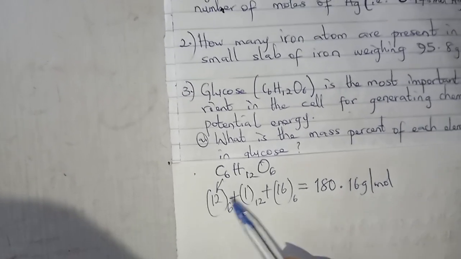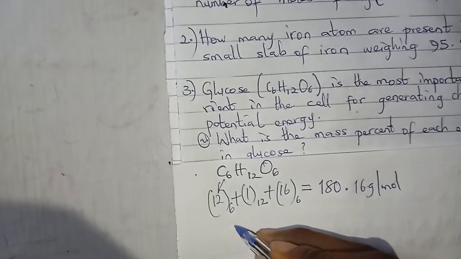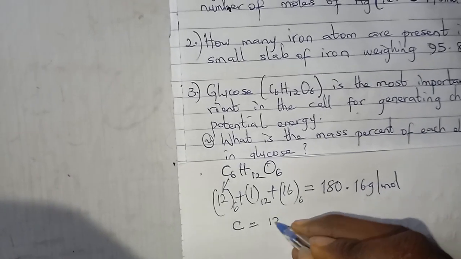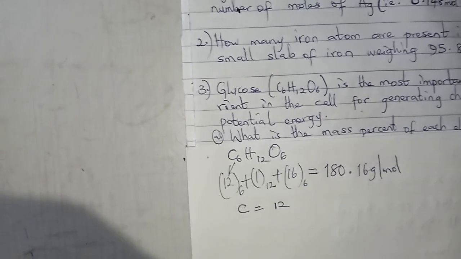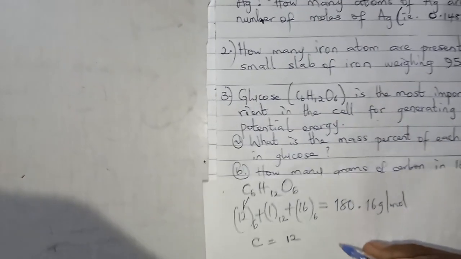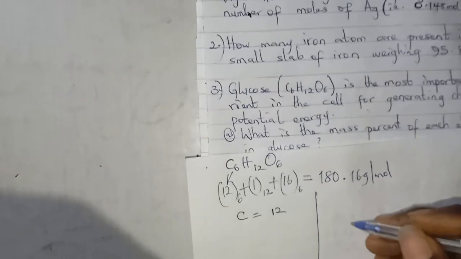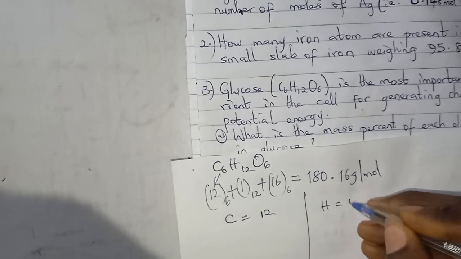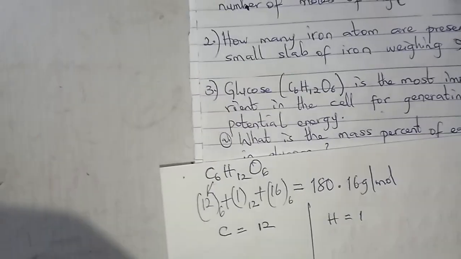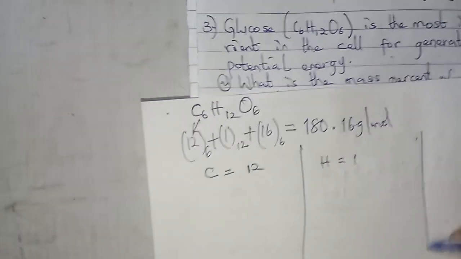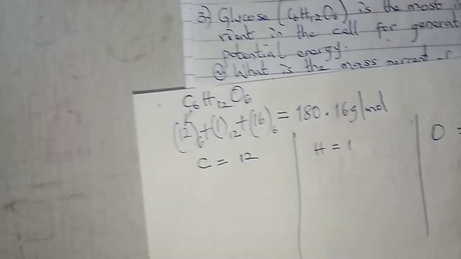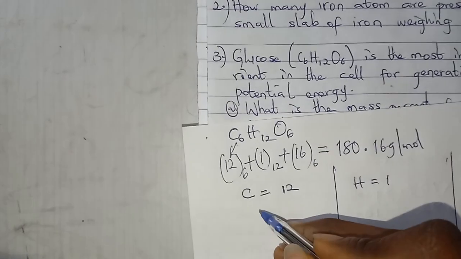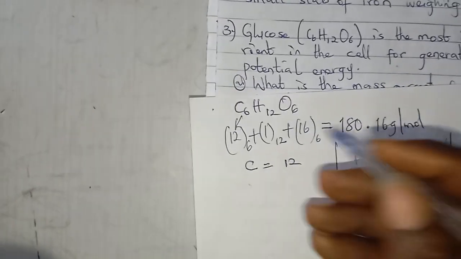So when they ask you the mass percent of carbon in this compound, remember that carbon has an atomic mass of 12. Hydrogen has 1. Oxygen has atomic mass of 16. I like to use atomic mass for elements and molar mass for compounds. So all I need to do is get the mass fraction first.